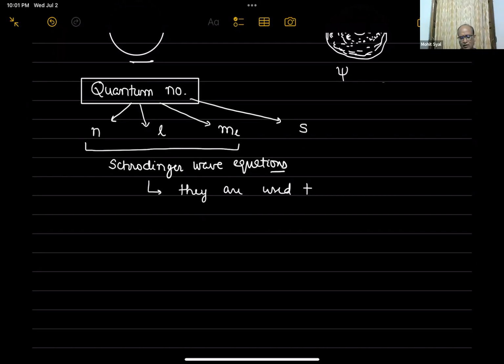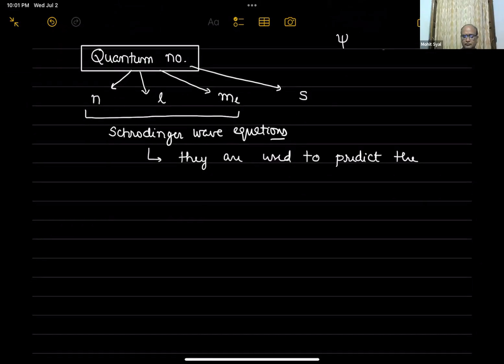So these quantum numbers are used to predict the orbitals, or wave functions. Orbitals are actually wave functions. What do you mean by predicting the orbitals?